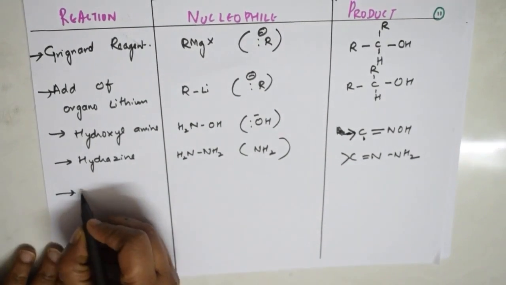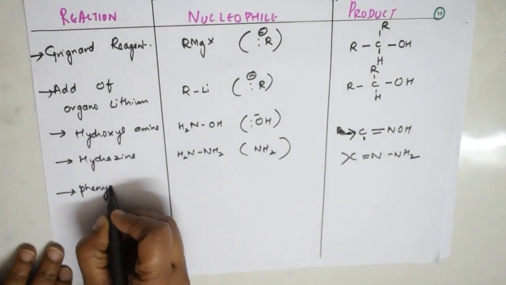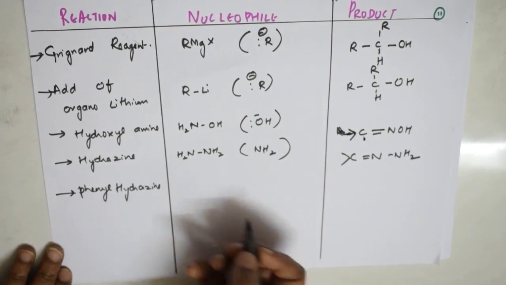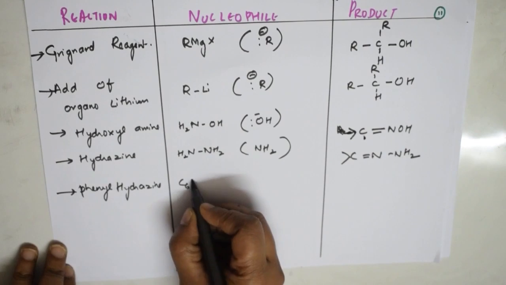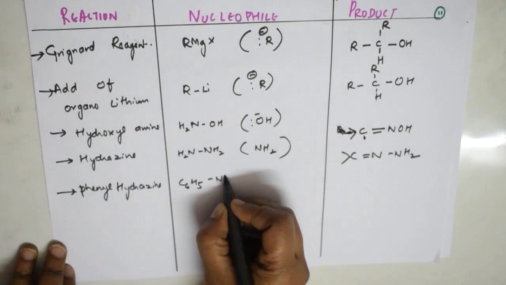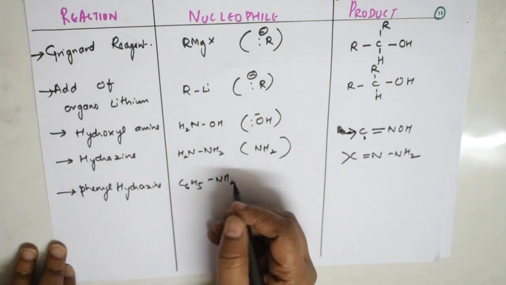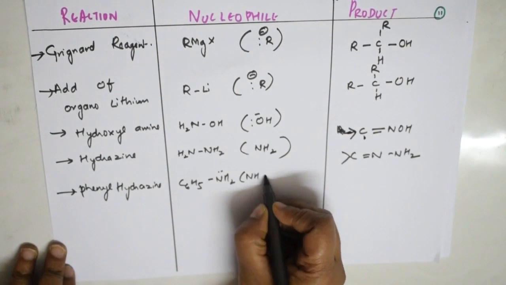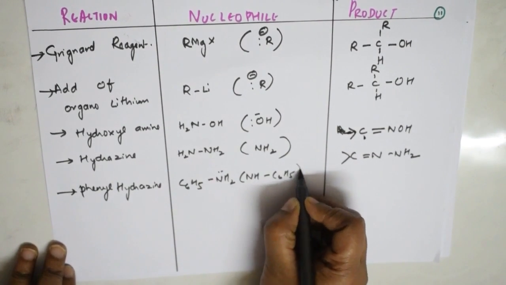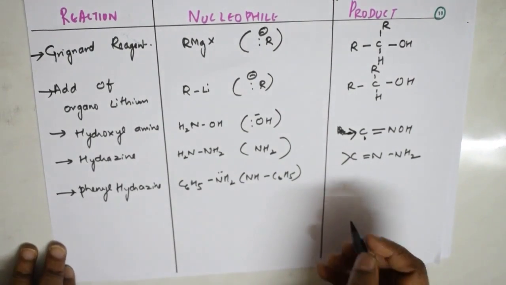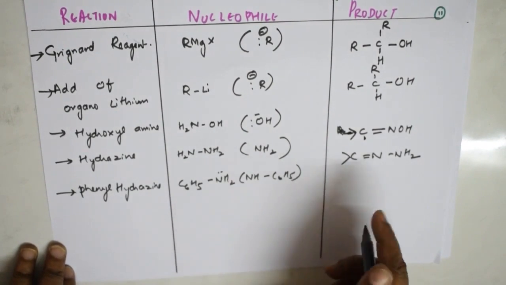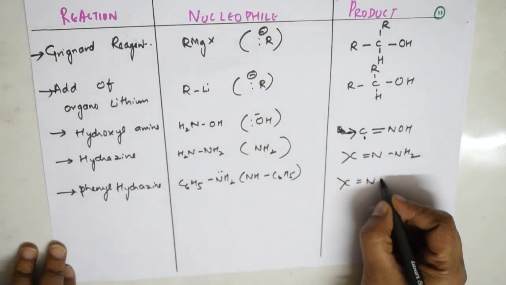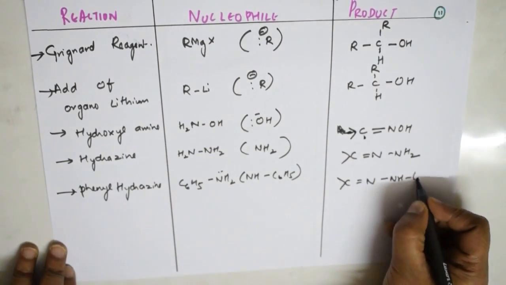Next, suppose I have to add phenylhydrazine. What is the formula? Phenylhydrazine formula is C6H5NHNH2.